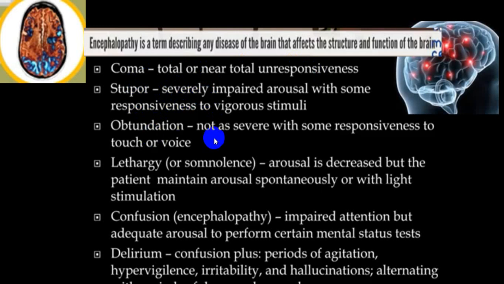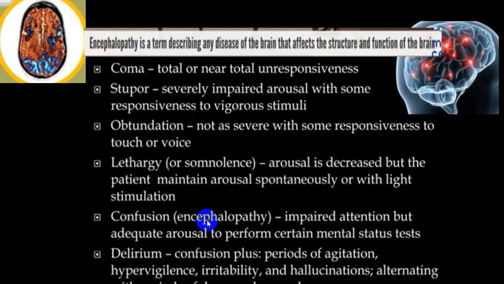Obtundation means not so severe, and sometimes he responds to a touch or a voice. Lethargy or somnolence is when arousal is decreased, but the patient maintains arousal spontaneously or with a light stimulation.